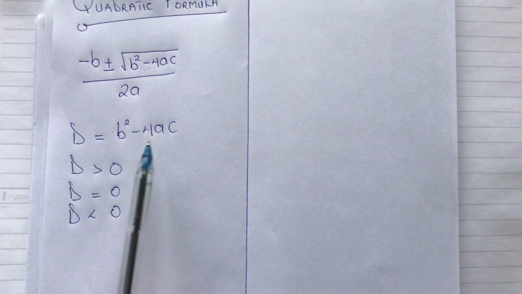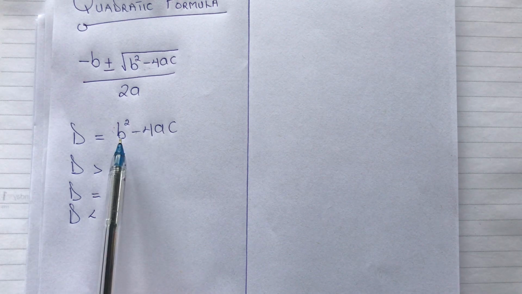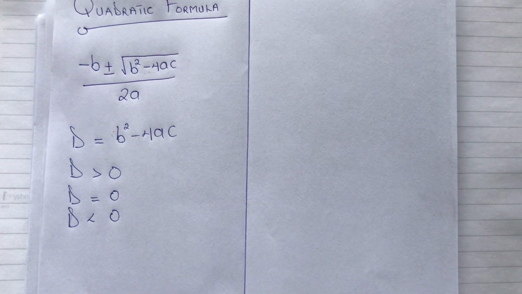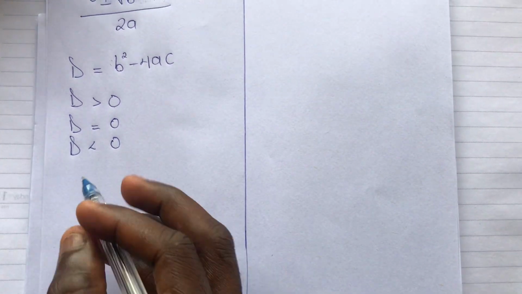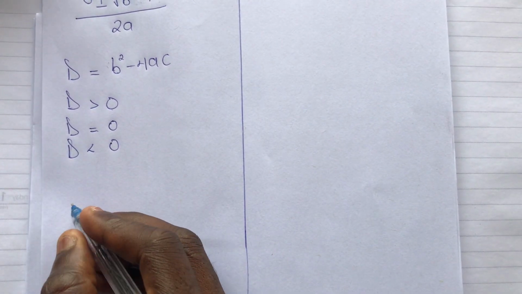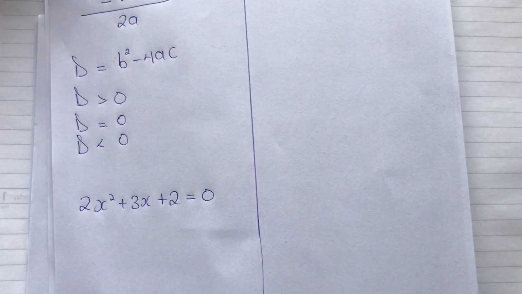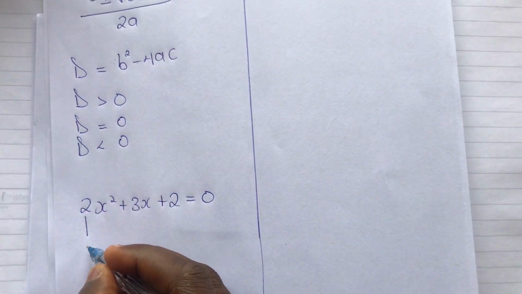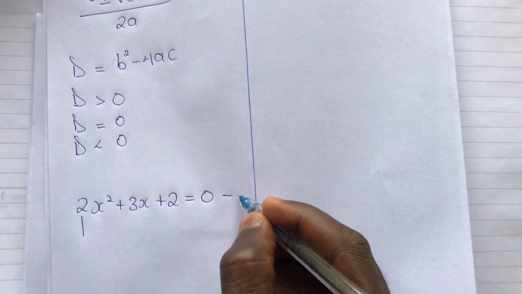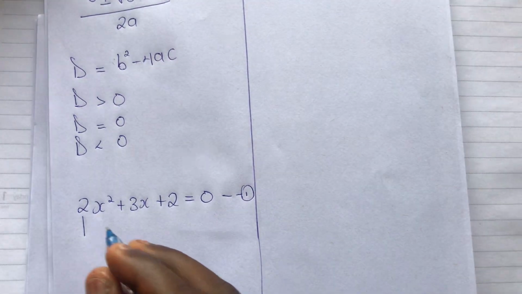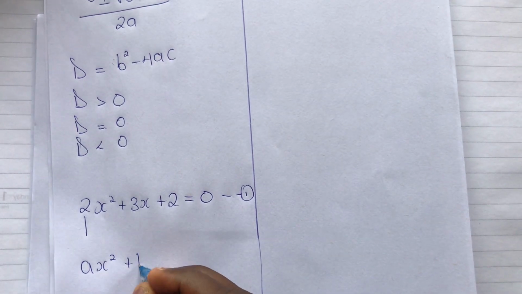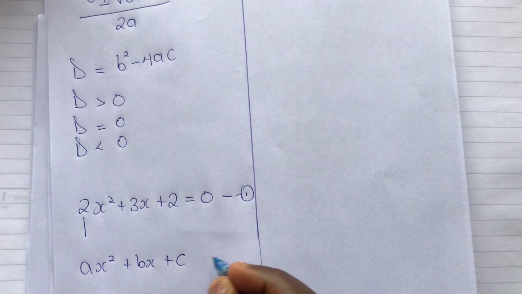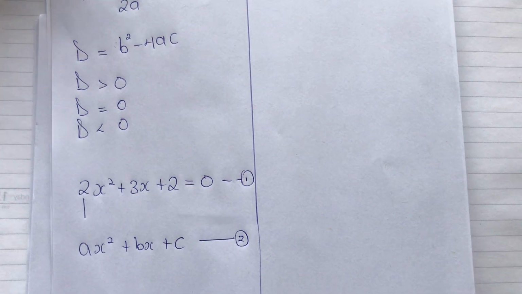Before I do that, let me talk about this. What are a, b, and c? For instance, if I have a quadratic equation of this form, let me say this is equation 1. I can compare equation 1 with ax squared plus bx plus c, and this is equation 2.